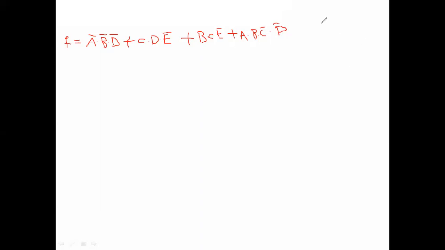So first we can do what? This also belongs to SOP, sum of products. So for sum of products, we remember De Morgan's theorem. X plus Y plus Z, suppose like this three terms are there, whole bar is equal to X bar dot Y bar dot Z bar.